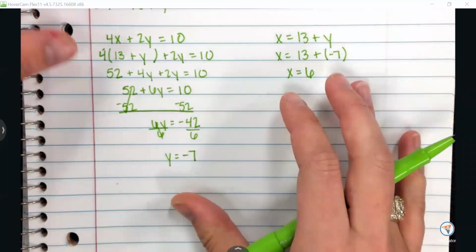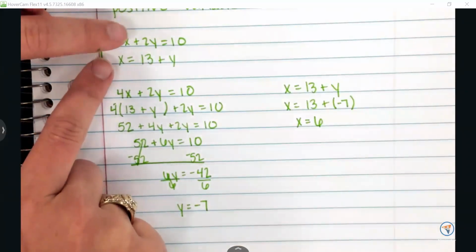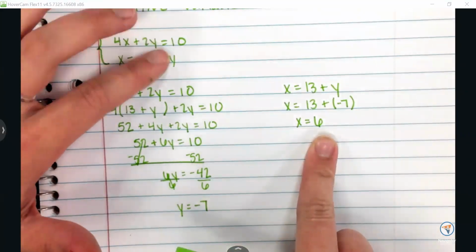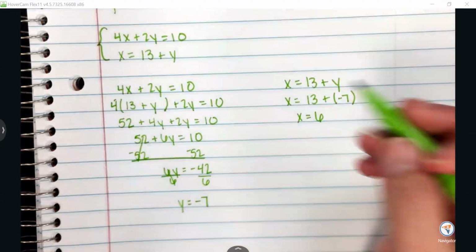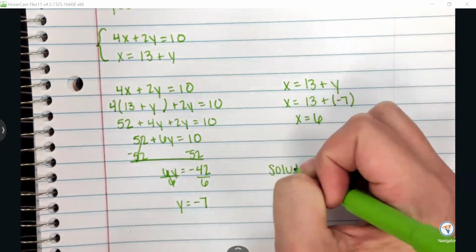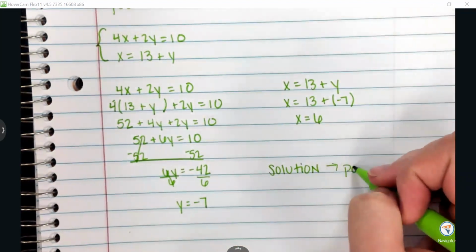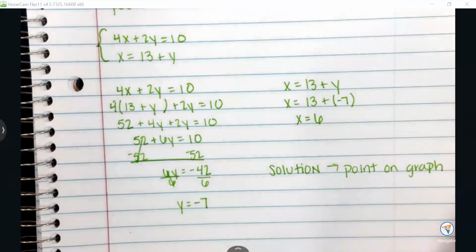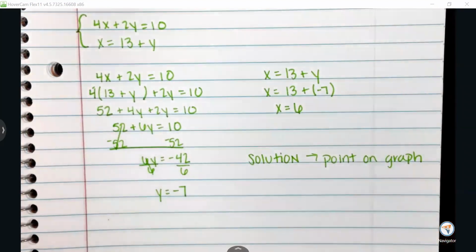So if I plug x into both of these, what do both x's have to be equal to? And what do both y's have to be equal to? Negative 7. Now, a solution can be written as a point on a graph. Because if I were to graph these lines, they would intersect at a very specific point.